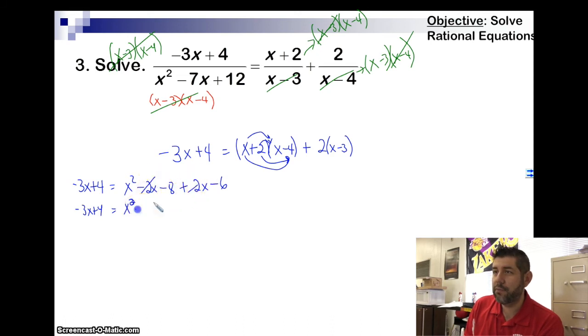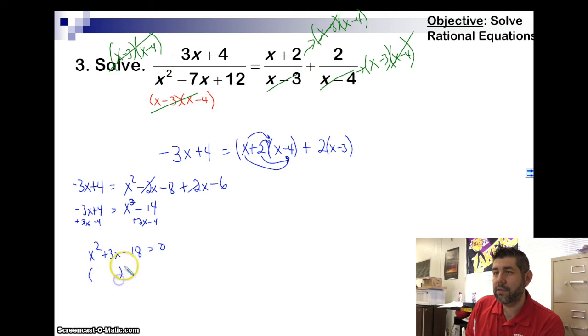Okay, that's out. Negative 14. Bring all that stuff over to this side over here, right? So add 3x minus 4. Add 3x minus 4. So I'm going to get 0 on this side. So I'm going to do x squared plus 3x minus 18 equals 0.